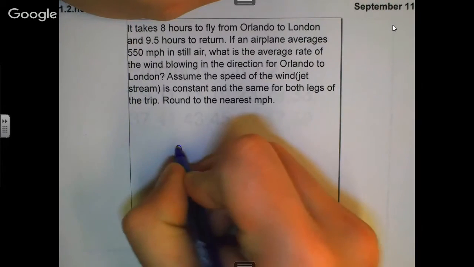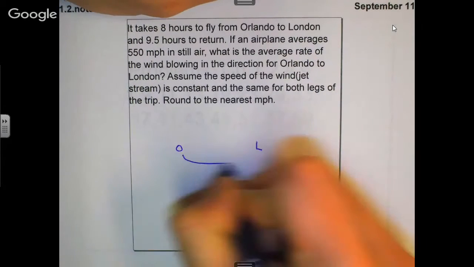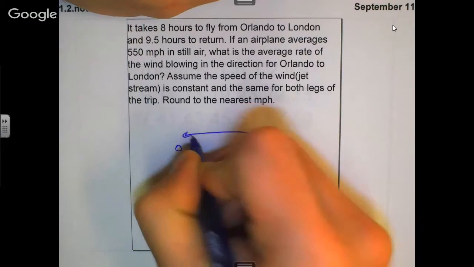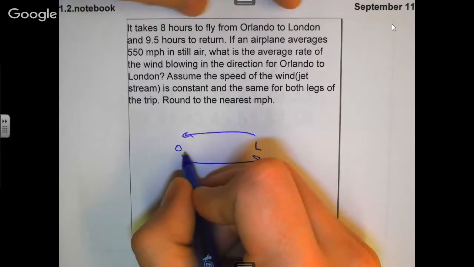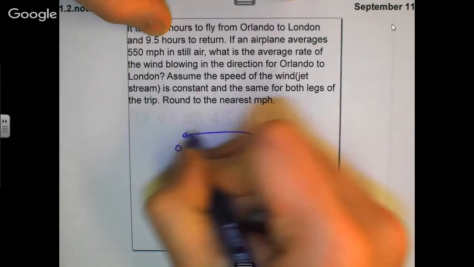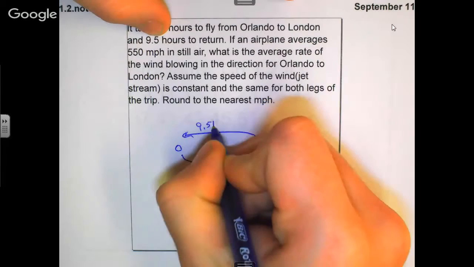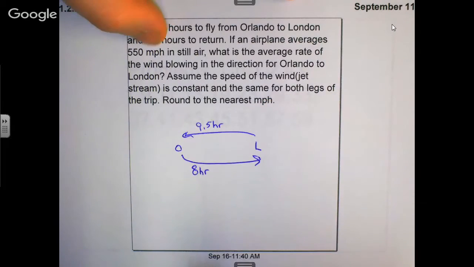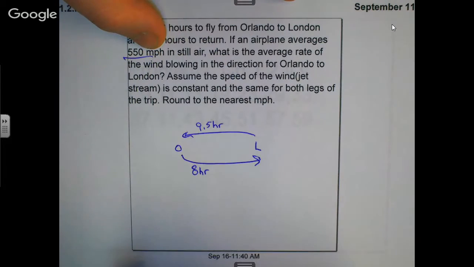So we're going from Orlando to London, and we're going back. Okay. The trip there, Orlando to London, takes 8 hours, and the trip back takes 9.5 hours. Okay. In still air, I'm going 550 miles an hour, but we have this jet stream.